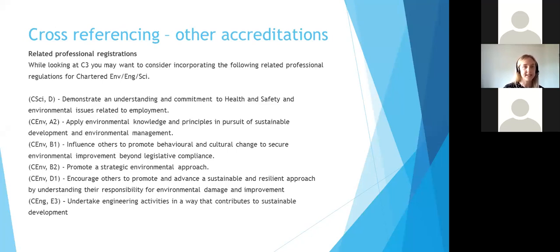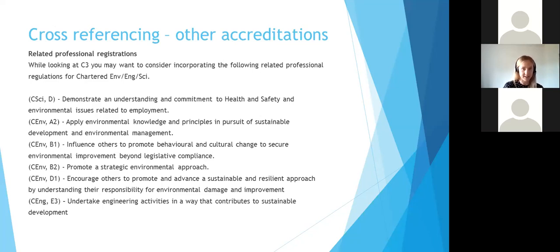So for Scientist, demonstrating an understanding and commitment to health and safety and environmental issues relating to employment. For Environmentalist, applying environmental knowledge and principles in pursuit of sustainable development and environmental management. Influence others to promote behavioural and cultural change to secure environmental improvement beyond legislative compliance. And promote a strategic environmental approach.